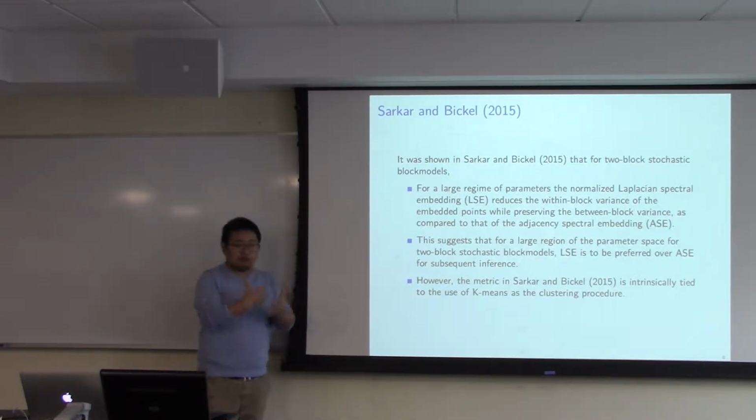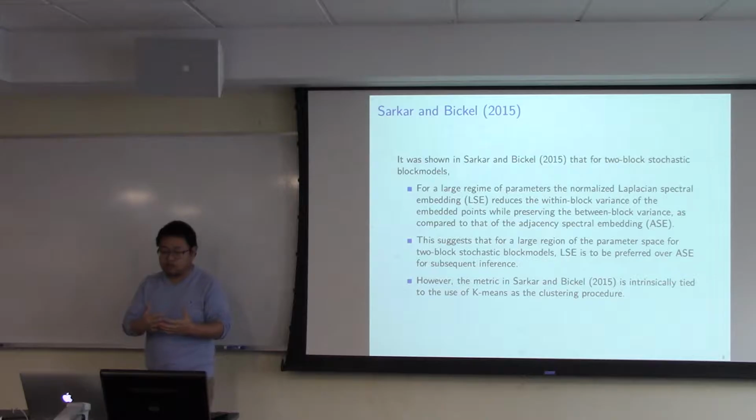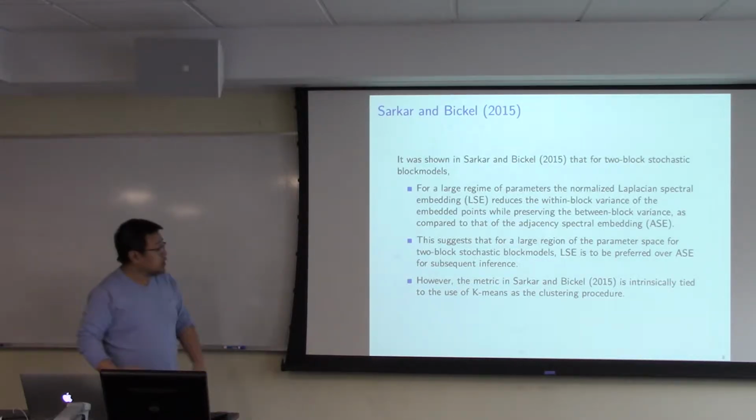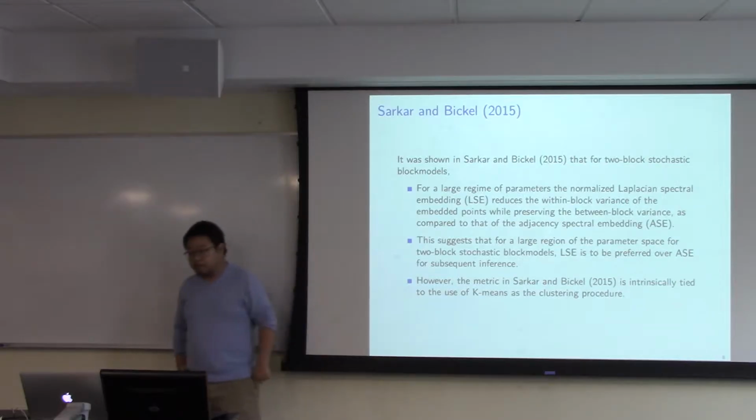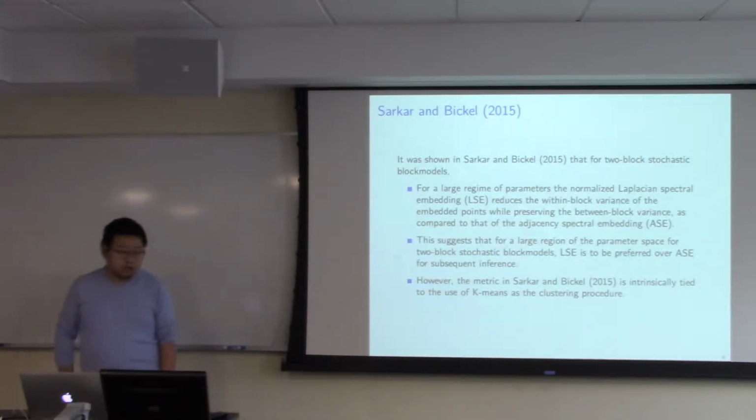If you reduce the within-block variance while preserving the between-block variance, this suggests that for a large region of the parameter space, the Laplacian spectral embedding is to be preferred over the ASE.